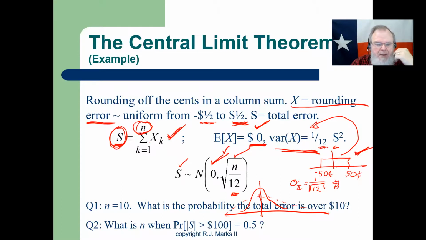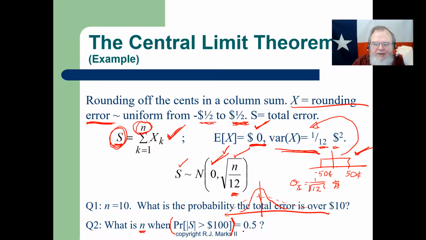With this, we can ask all sorts of things. We can ask ourselves, what's the probability that this sum is greater than $100? Or what is n when the probability of the sum being greater than $100 is 50-50? We can literally substitute in the value of n.